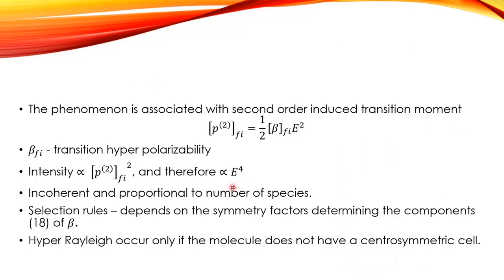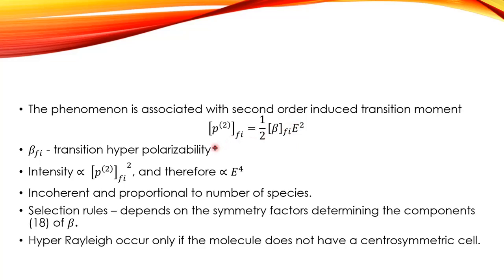These transitions involved in hyper-Rayleigh and hyper-Raman scattering can be seen as a phenomenon of second order induced transition moment. We have already seen that the vibrational transition is caused because of the polarizability.